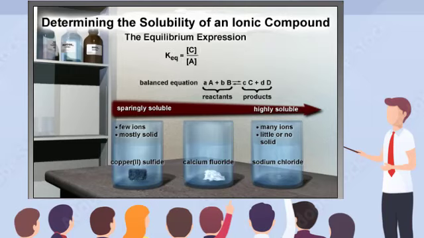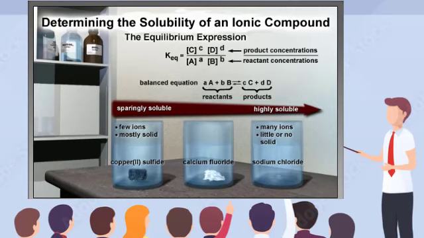An equilibrium expression is used to determine the solubility of an ionic compound. The equilibrium expression is shown here in its generic form. In an equilibrium expression, the concentrations of the products are placed in the numerator position, and the concentration of the reactants are placed in the denominator position.